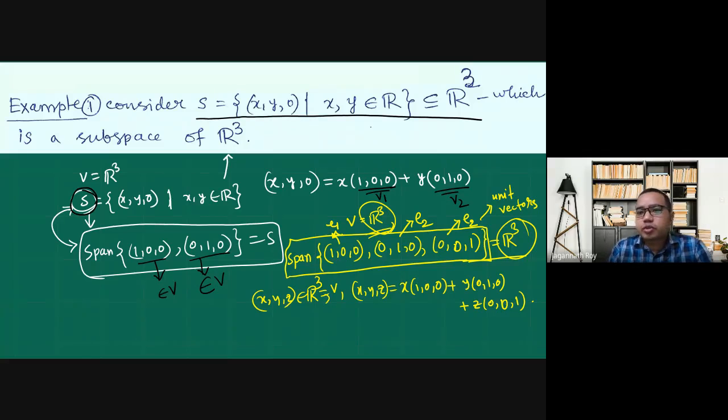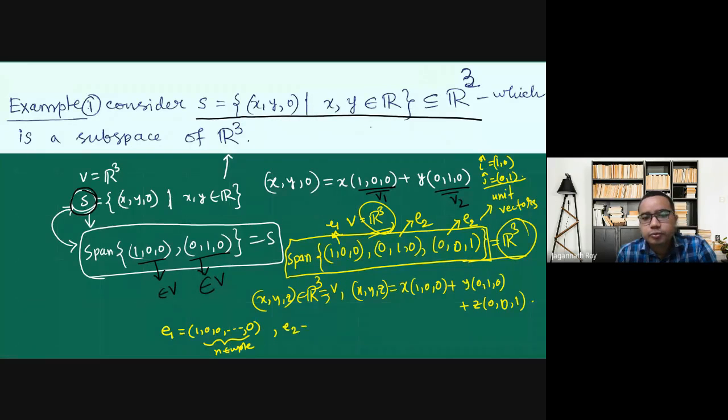Just like in the two-dimensional case, i equals 1, 0 and j equals 0, 1. In Rn, in n-dimensional space, E1 is 1, 0, and so on, with n components. Then E2 is 0, 1, 0, and so on, and En will be 0, 0, 1.